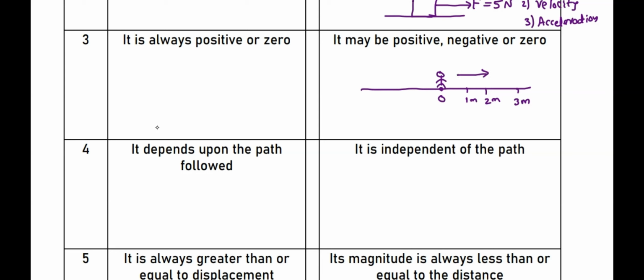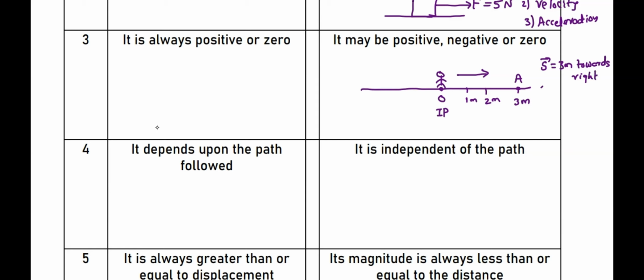The initial position is O, and he has travelled up to point A, suppose say 3 meter. Now in this case, what is the value of displacement? The value of displacement here is 3 meter towards right.